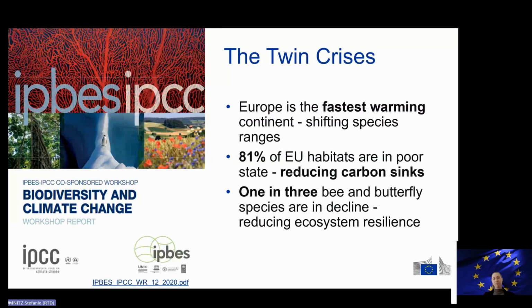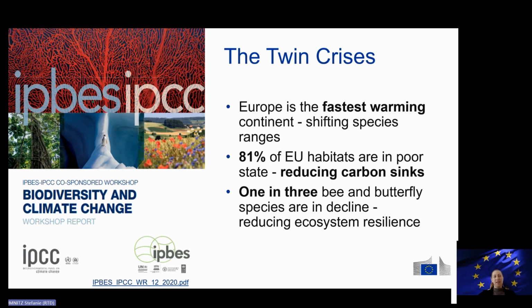What we are facing at the moment is often called the twin crises of climate change and biodiversity loss. This is also acknowledged by major science policy bodies like the IPCC and IPBES. In 2020, I think 2021, one of the first workshops acknowledged that we have to work together to tackle biodiversity and climate change in a coherent, integrated manner.